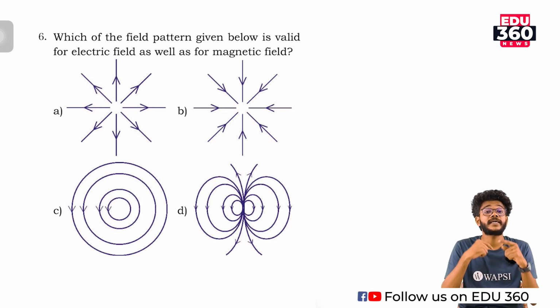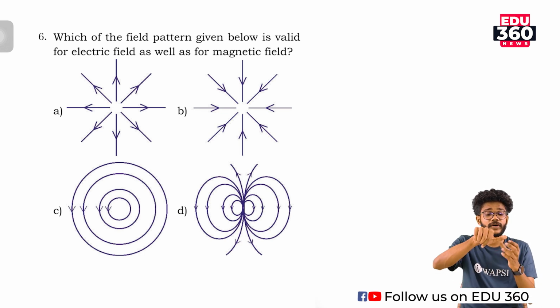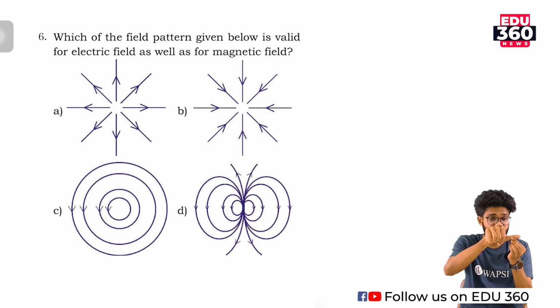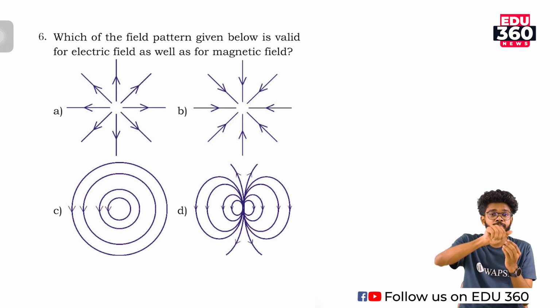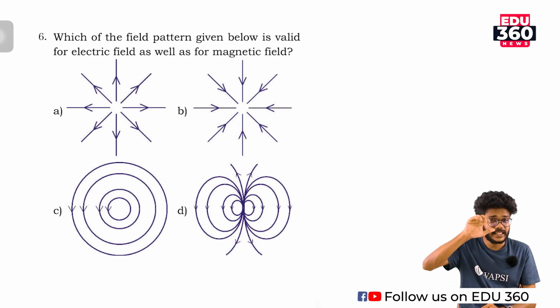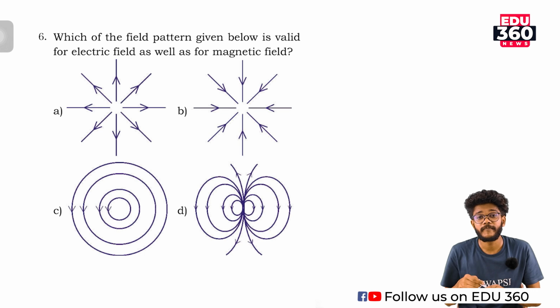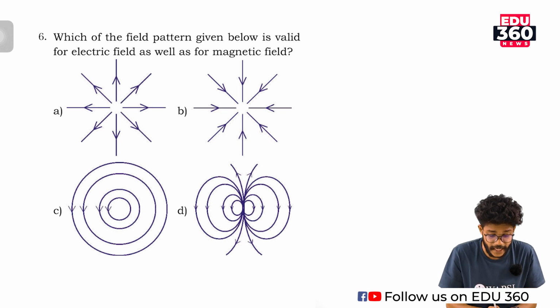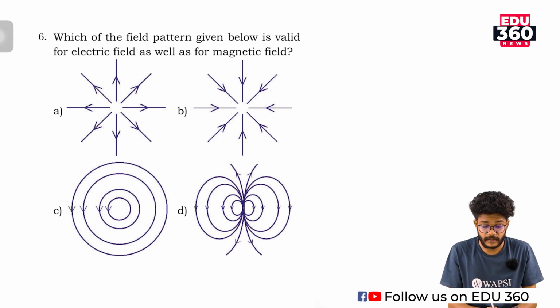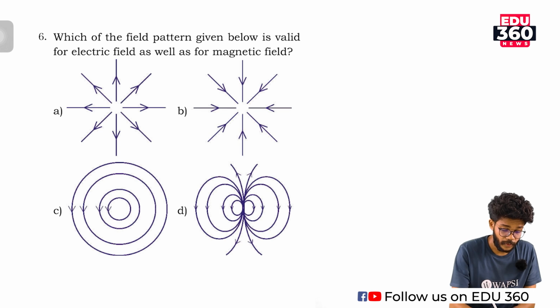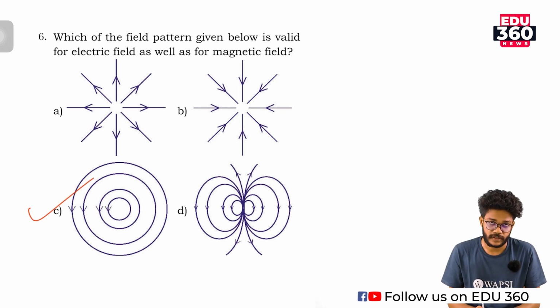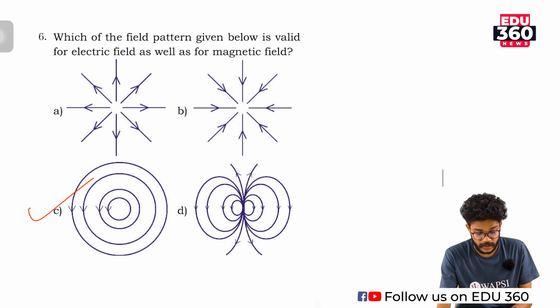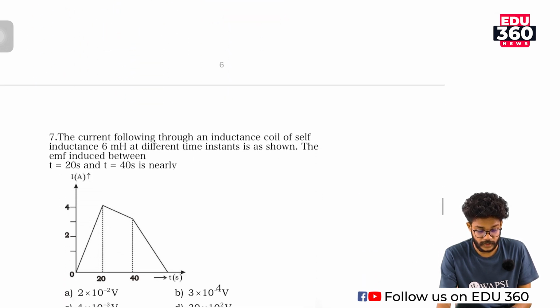And if this is the direction of magnetic field, this curling will be the direction of current. So this kind of curling is valid for both the magnetic field and the current. So option C is the correct answer. And we can go to the next question.